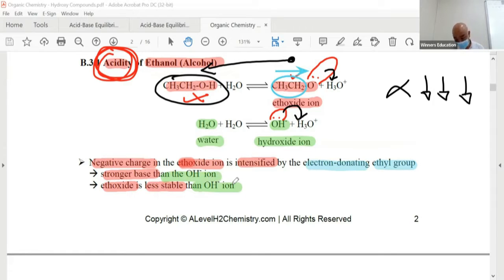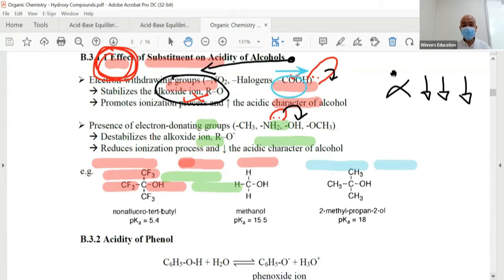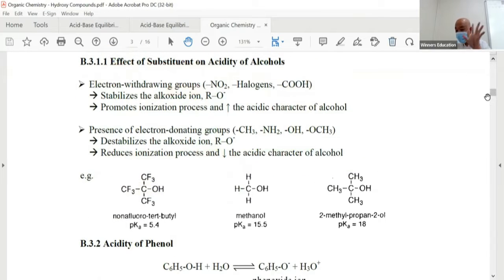Next up is the effect of substituent on acidity of alcohol. Still alcohol, but hey, what if the alcohol got substituent on the carbon, right? So once again, if you look at it, given 3 molecules, this is the control. All right, this is the control. Okay, so let's take a look at 2 different colors.